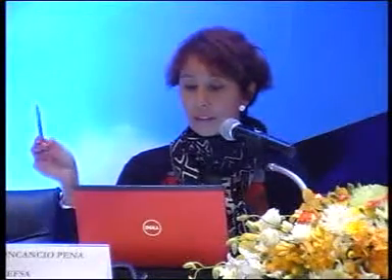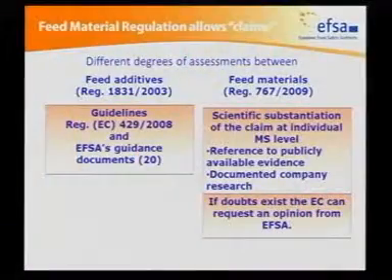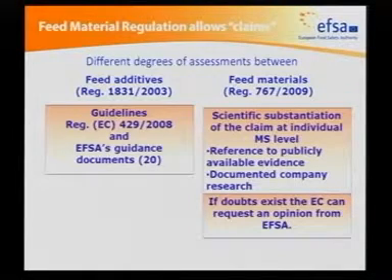And in the case of claims under regulation 767, there is a possibility to make a scientific substantiation of a claim. So in this case, we have, for example, the leaves of solanum. We have this claim, the use of the leaves of solanum as a source of 25-OHD3.